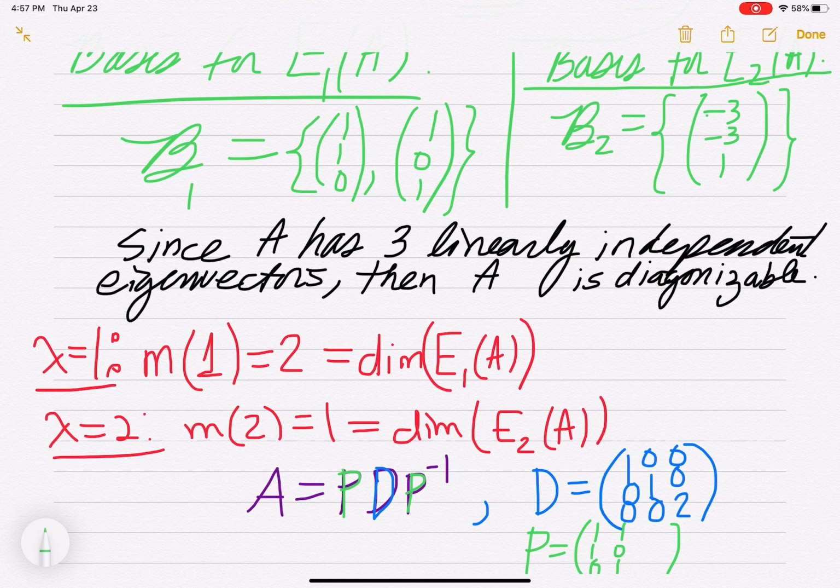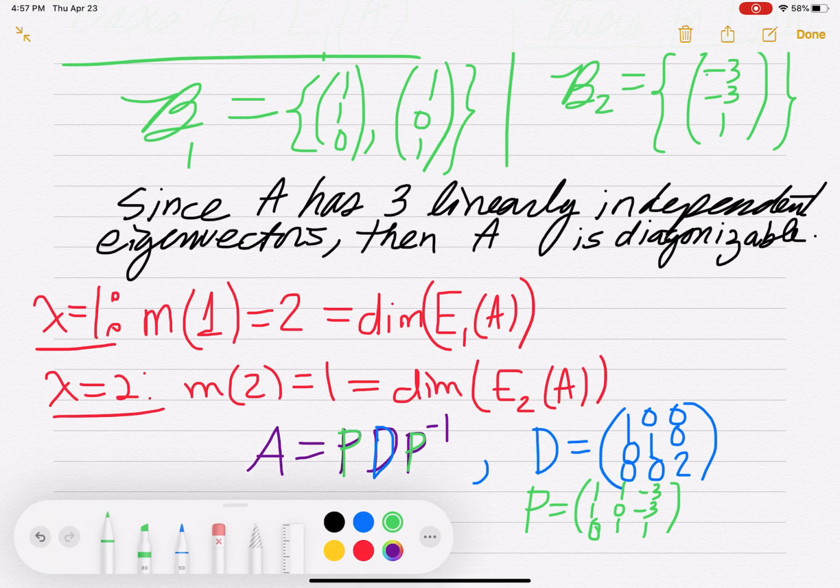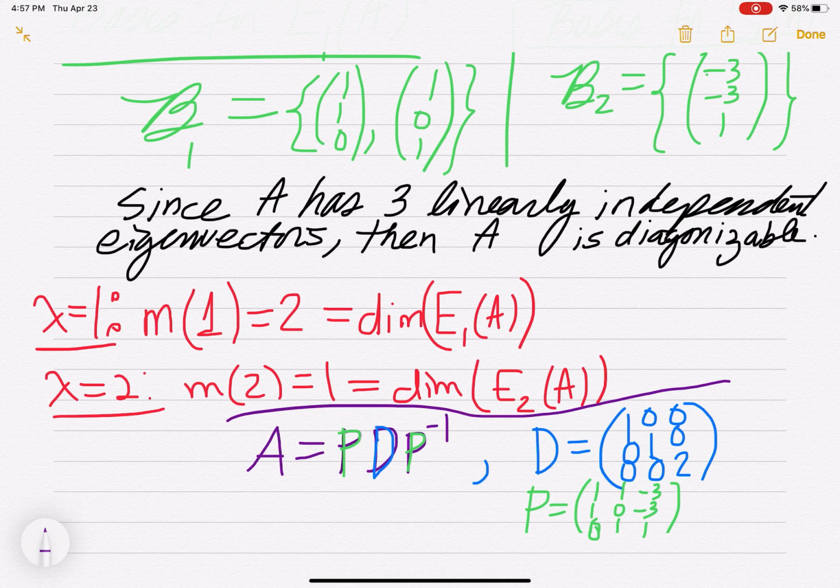And then for the third column, you're going to put the linearly independent eigenvector for the eigenvalue 2, which is negative 3, 1. So this right here gives you the diagonalization of A. All that work just to get that little factorization.